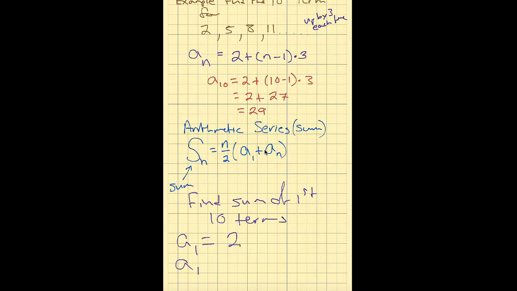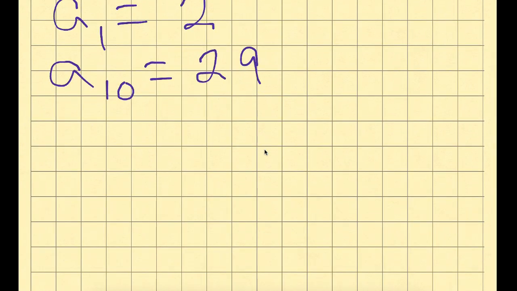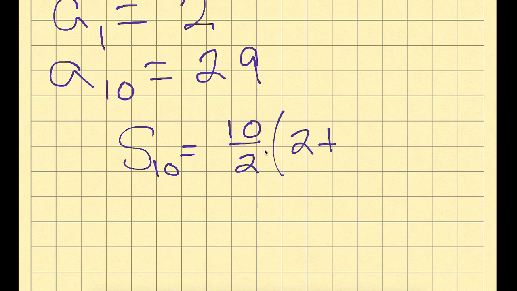We knew the 10th term, because we just figured it out, was equal to 29. So when we find the sum of the first 10 terms, we do 10 divided by 2 times 2 plus 29. And whatever that equals is the sum.